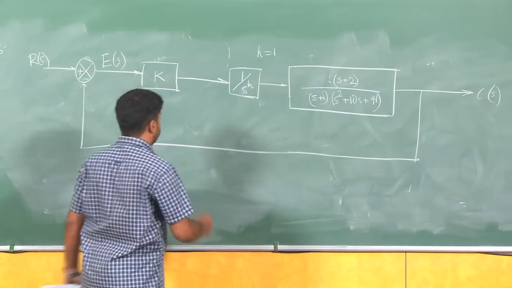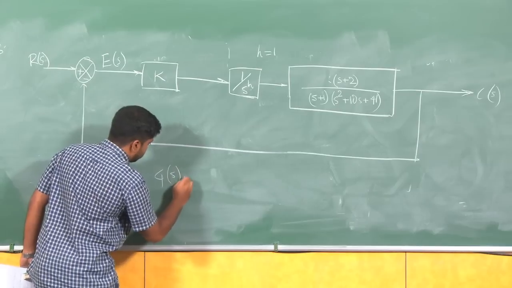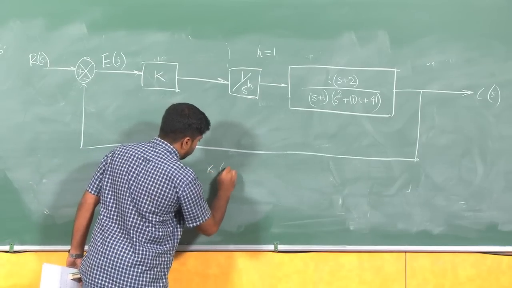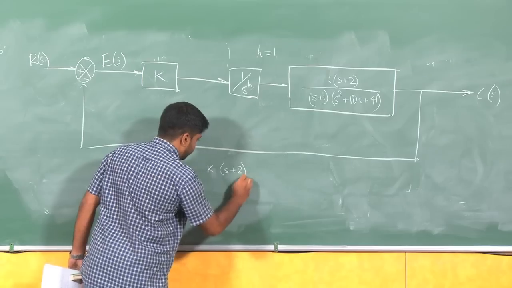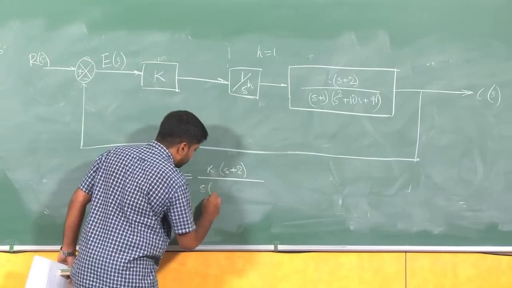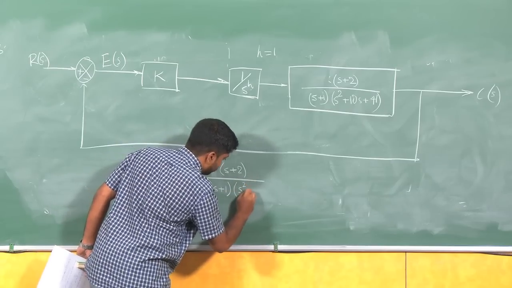So, we can modify the loop gain of the system as G(s) is equal to K(s plus 2) by s(s plus 1)(s square plus 10s plus 41), since H is equal to 1.